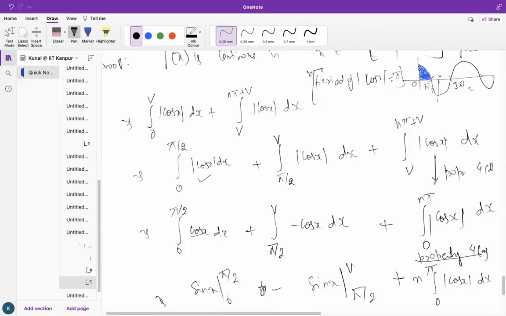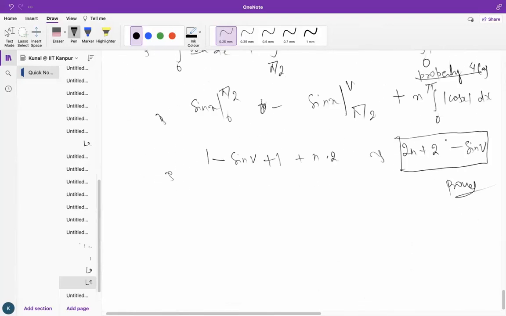So it gets converted into 0 to n pi of cos x dx. So now this is again in the form of property 4a. When we apply the property 4a here, we get the desired result, which we had to prove. I hope you all understand what I'm trying to say, right?